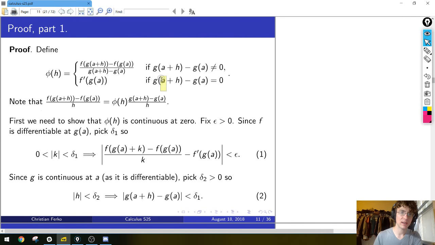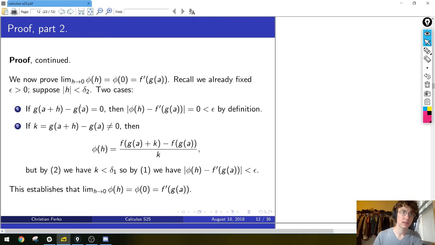If g of a plus h minus g of a equals 0, then phi is exactly equal to f prime of g of a, by definition. So in this case, when g of a plus h equals g of a, phi of h equals f prime of g of a, so this is 0, which is always less than epsilon. So that case is easy.